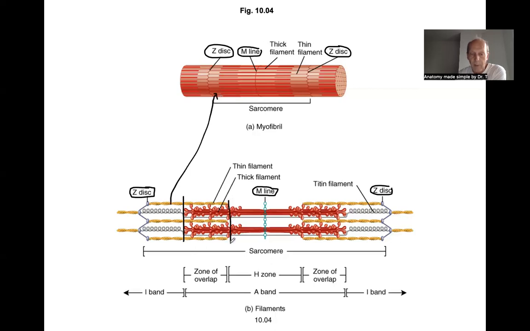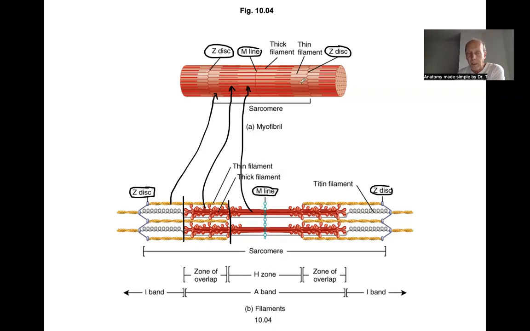The segment of the sarcomere where thick and thin filaments are heavily overlapping each other is this segment. And then from this line to the M line, we have another part where thick filaments exist, but they are not overlapped by the thin filament proteins.